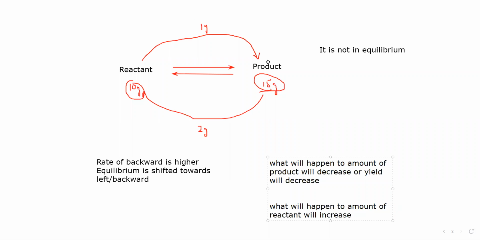So a reversible reaction has 3 possibilities: maybe equilibrium is there, the equilibrium might be shifted towards left hand side, or equilibrium might shift towards right hand side. Like you have reactant forming a product.